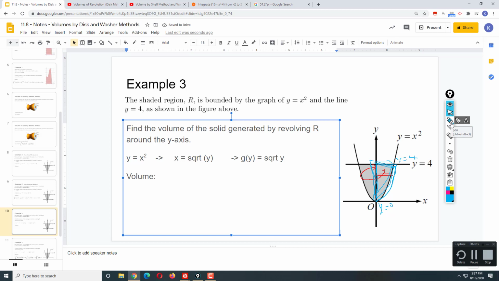So our volume, this time we can use the disk method because we only have one function. The y equals 4 becomes a boundary that we're integrating.